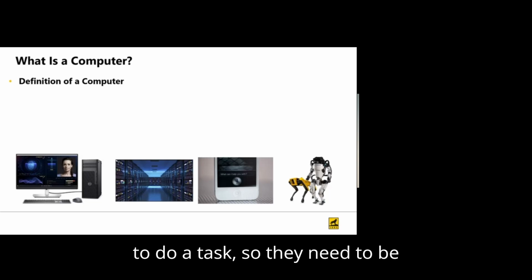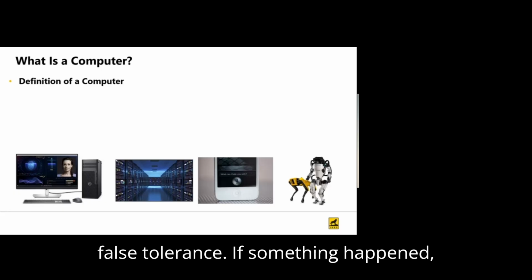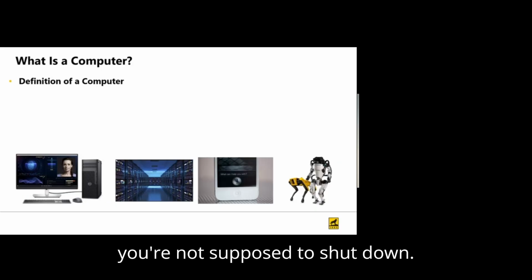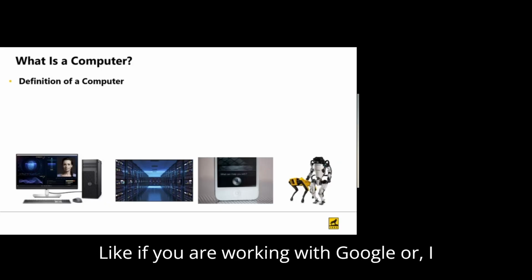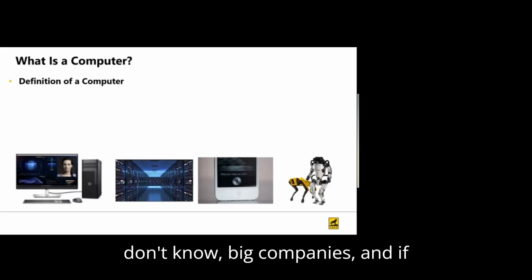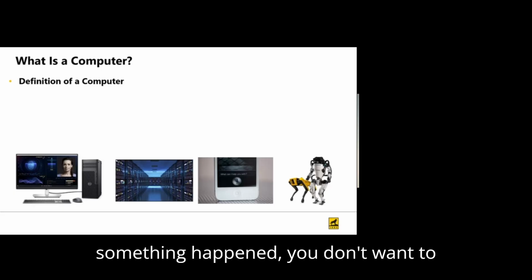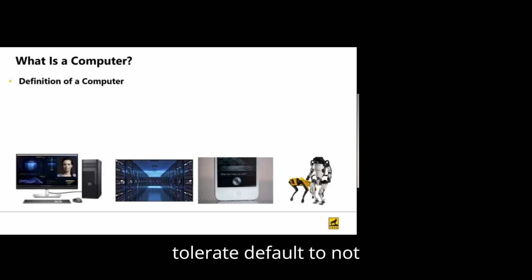So they need to be highly efficient and fault tolerant. If something happens, you're not supposed to shut down. If you are working with Google or big companies and something happens, you don't want to lose all your information. You need to tolerate the fault to not make failure.